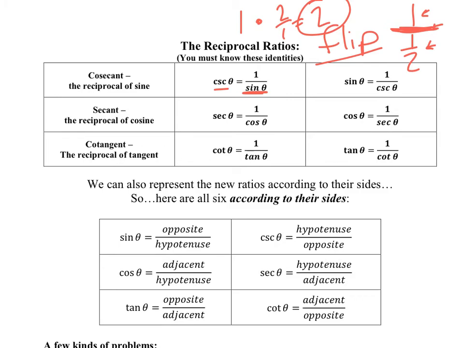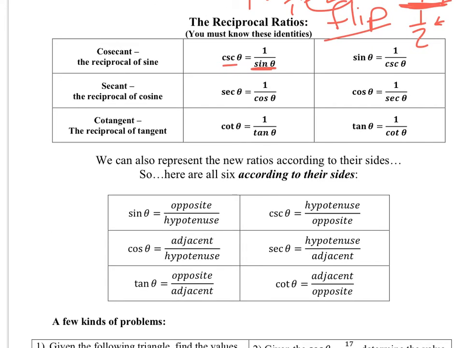So using that idea, we don't really have to represent them like this, but you do have to know these. You must know these identities by heart. You do have to know that cosecant is 1 over sine, and sine is 1 over cosecant, and so on. Hopefully we'll play into those a little bit later.